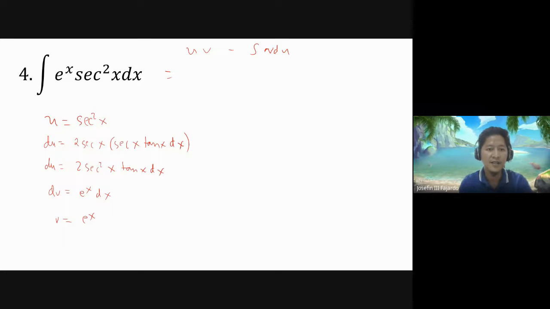U natin ay secant squared x. And then, v natin ay e to the x minus integral ng v natin is e to the x. At du natin ay 2 secant squared x tangent x. Right?